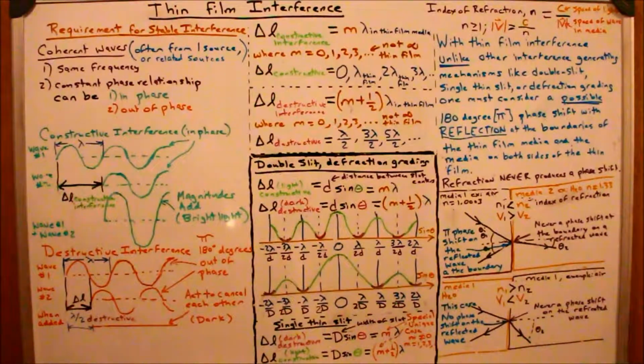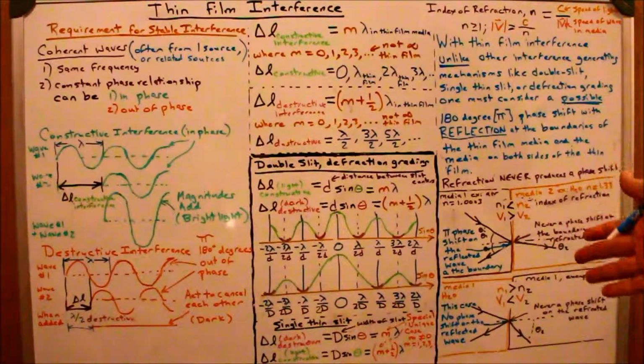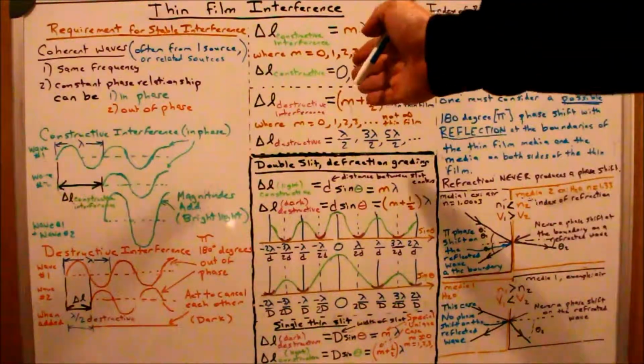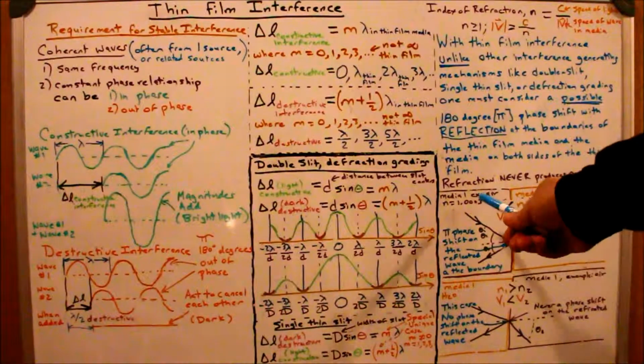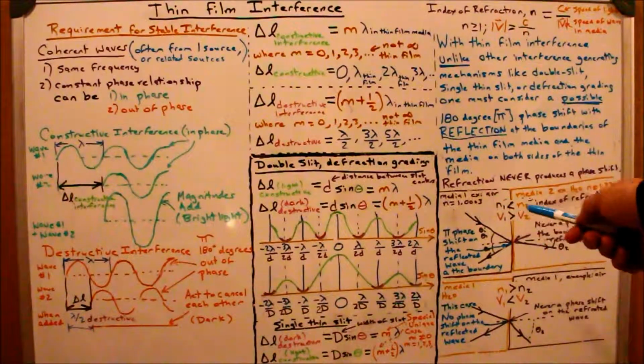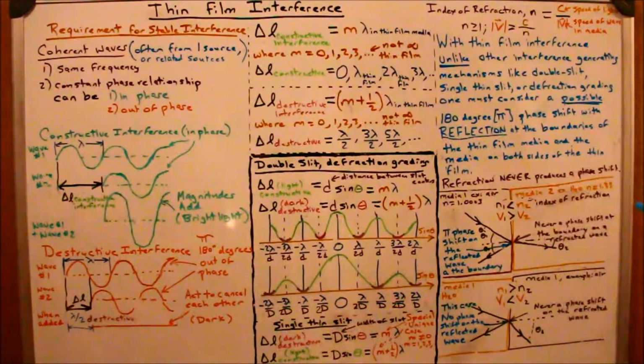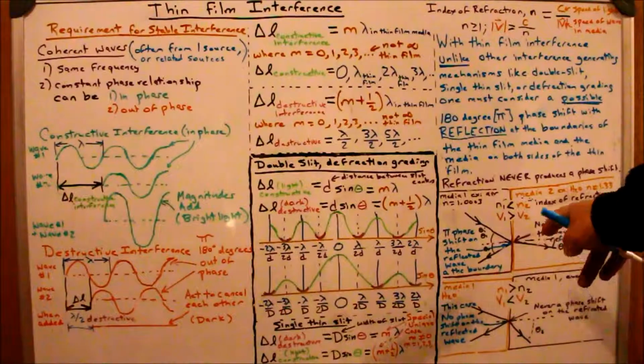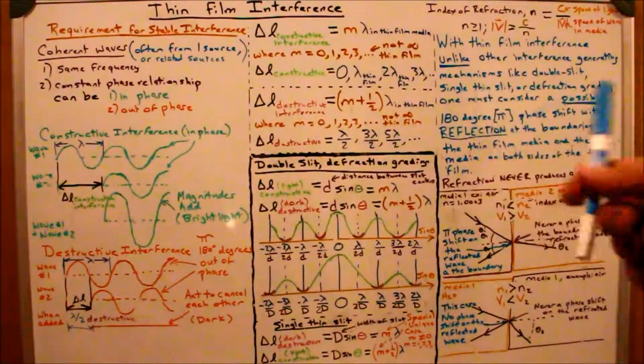So now we're going to have three examples of thin films that have different conditions between the indices of refraction of the media on both sides of them, and see how that affects how thin the film must be in order to cause constructive or destructive interference.